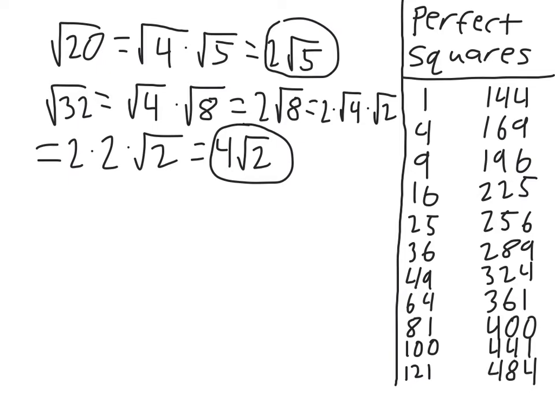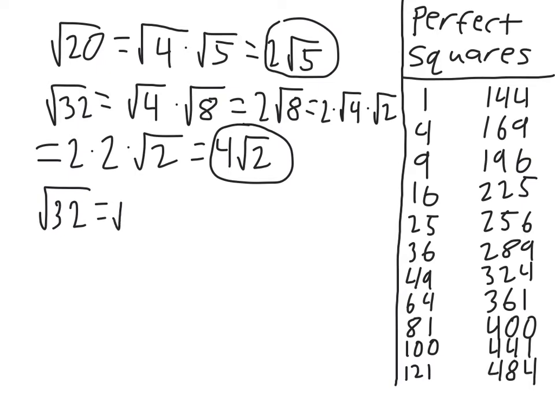Now, like I said, there's another way you can do this. So you look through, 4 works. 4 is a perfect square you can take out of 32. However, there might be a bigger one. 9, no, that doesn't work. 32 doesn't divide by 9. 9 isn't a factor of 32. 16, though. 32 divided by 16 is 2. That works.